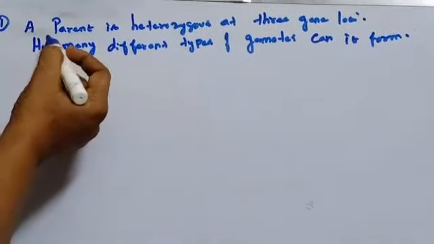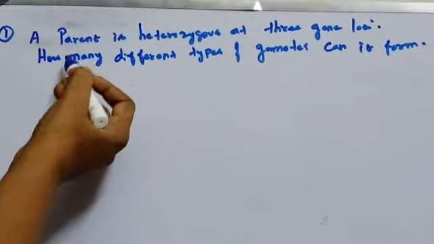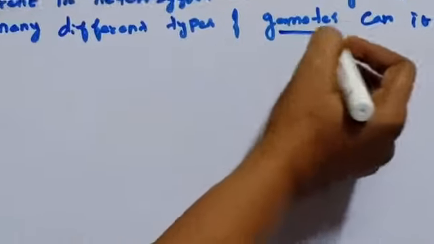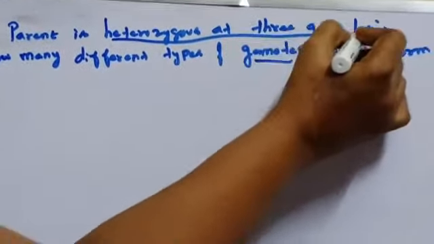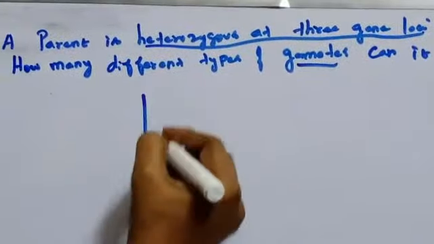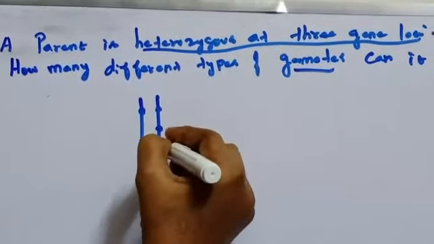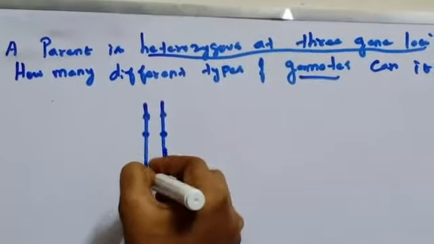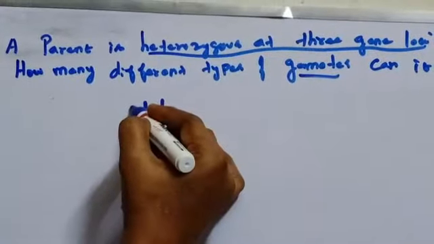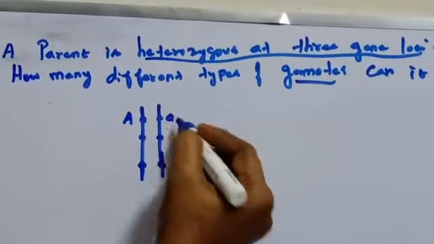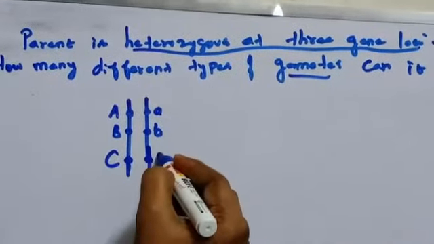Let us see this question. A parent is heterozygous at 3 gene loci. How many different types of gametes can it form? A parent is heterozygous at how many gene loci? 3 gene loci. For example, you can draw the homologous chromosomes: capital A, small a, capital B, small b, capital C, small c.